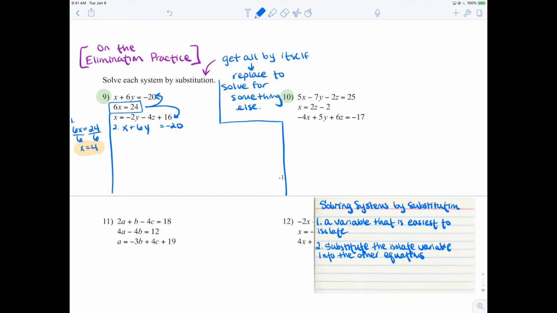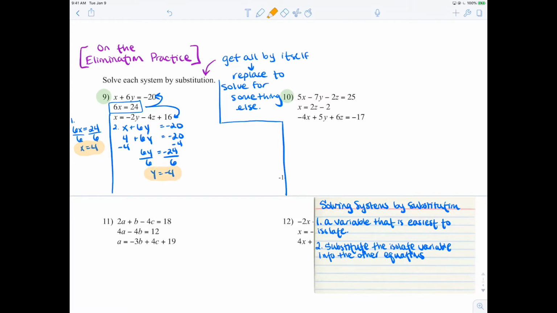Let's just write the equation again, and then we'll substitute here. Plus 6y equals negative 20. Subtract 4 from each side. 6y equals negative 24. And when we divide, we get y equals negative 4.